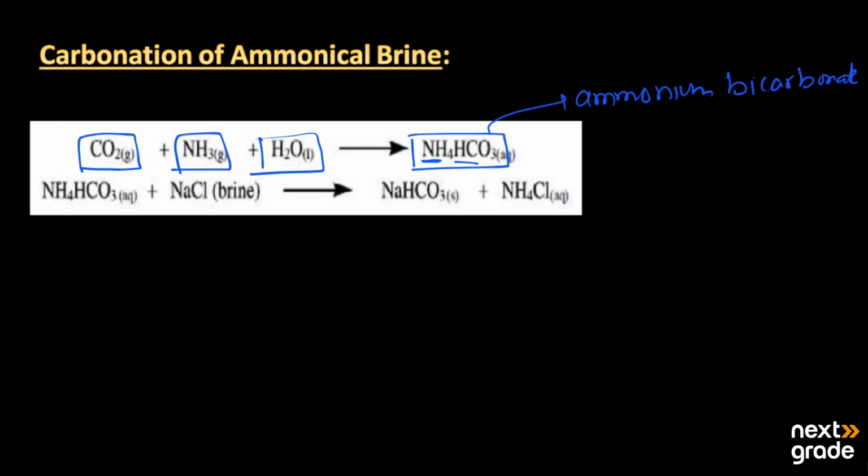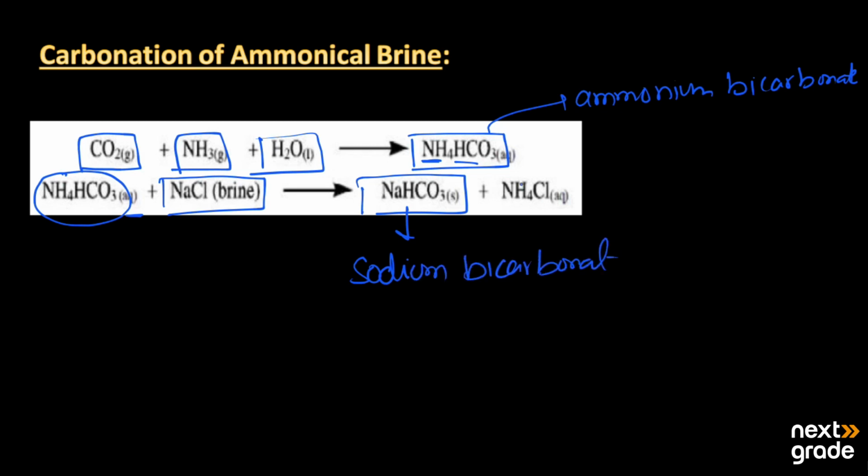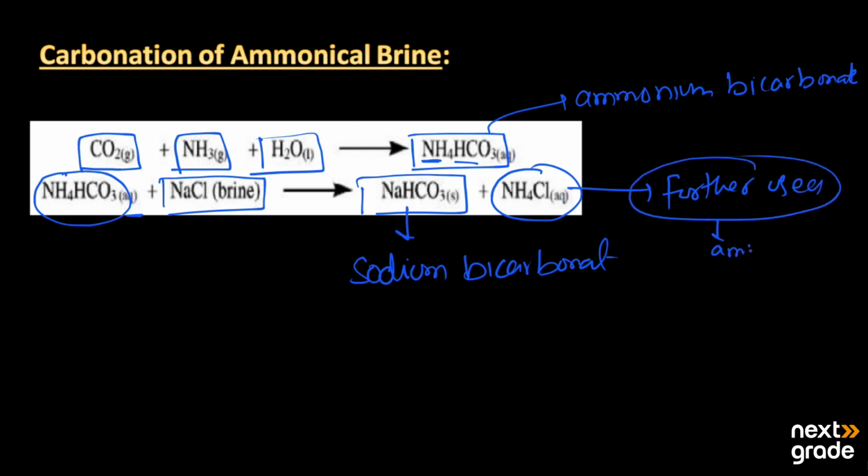After this preparation, we have the ammonium bicarbonate in aqueous form. It reacts with NaCl, which is the brine, and we get sodium bicarbonate. Here we also have ammonium chloride, which can be further used in this process for the recovery of ammonia. So this is the second step in Solvay's method.